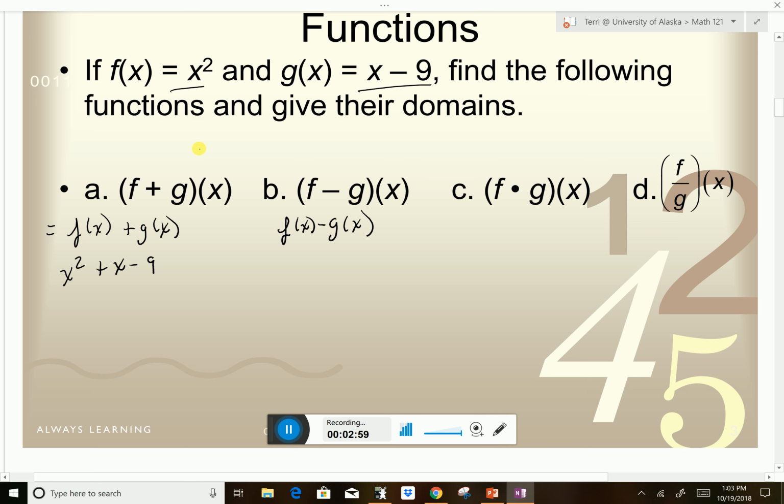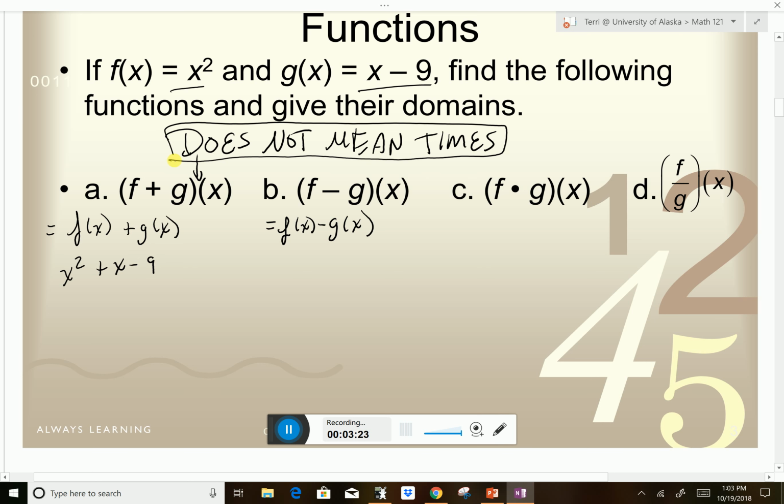it does not mean times. Do not multiply f minus g times x again. This means this. Again, I can't say it enough times.